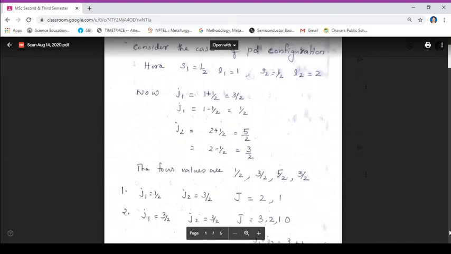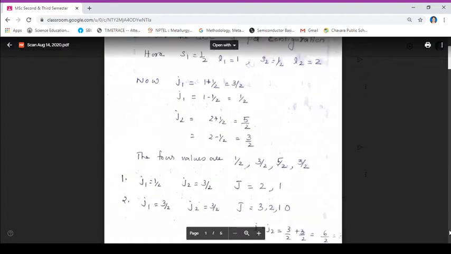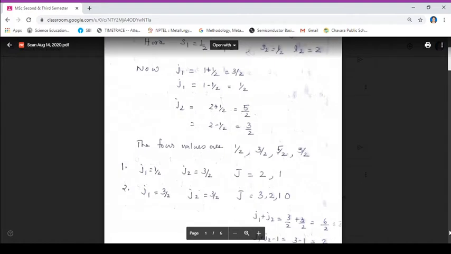Now we will vectorially add these two so that we get the resultant J value. Now J1 is equal to half, J2 equal to 3 by 2. If you add this, J will have two values: 3 plus 1, 4 by 2, that gives 2, and 3 minus 1 by 2, that gives 1. So the capital J will have two values, 2 and 1. Now J1 equal to 3 by 2, J2 equal to 3 by 2, so 3 plus 3 is 6 by 2.